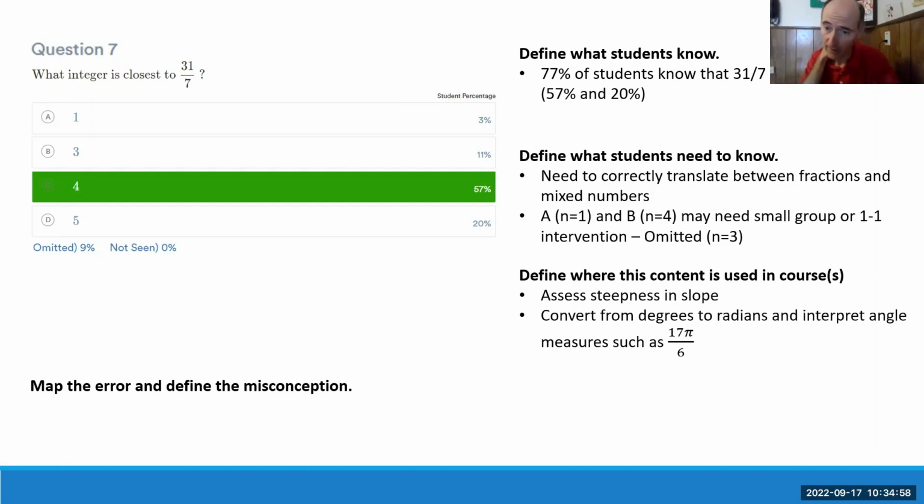Later in geometry, and even in pre-calculus, I think they're going to have to convert between degrees and radians when looking at angle measures, and figure out how many times around the circle you go, where do you land if your angle is something like 17.5π/6, right? How many times around the circle are you going? Where do you end up?